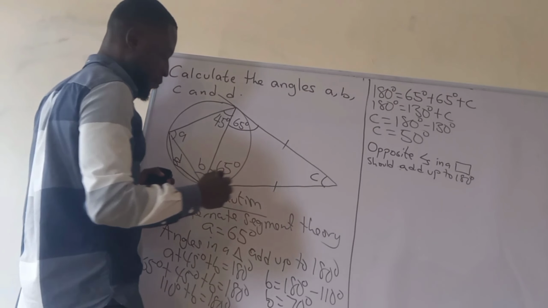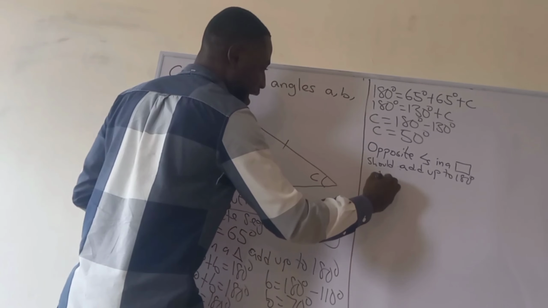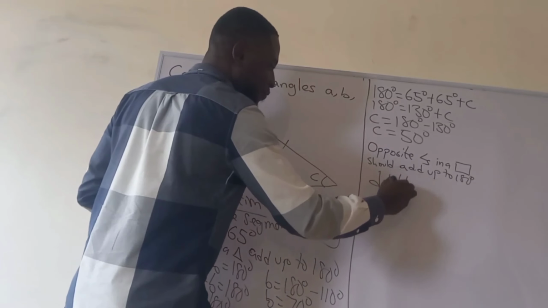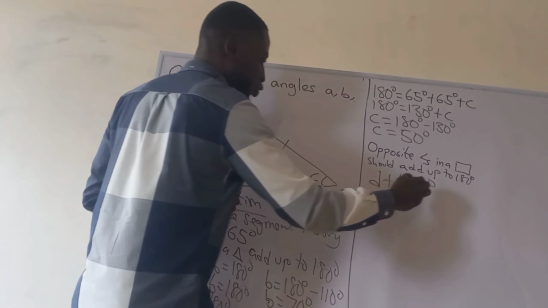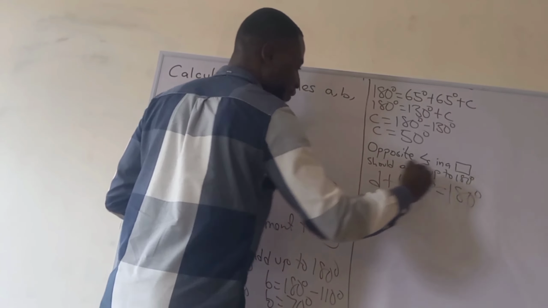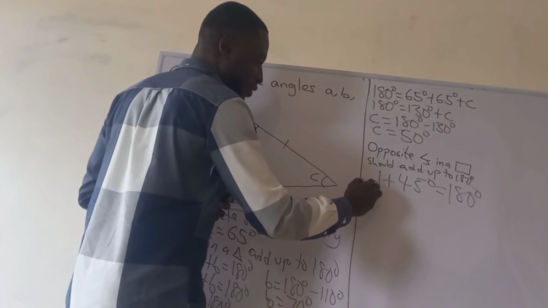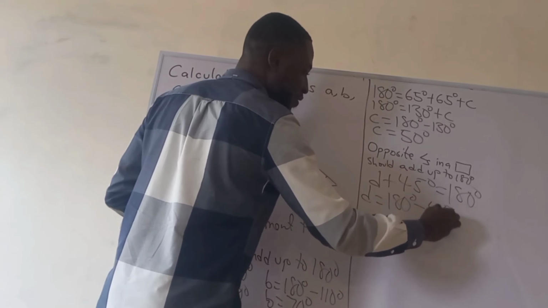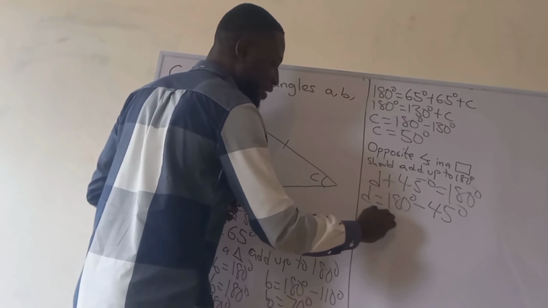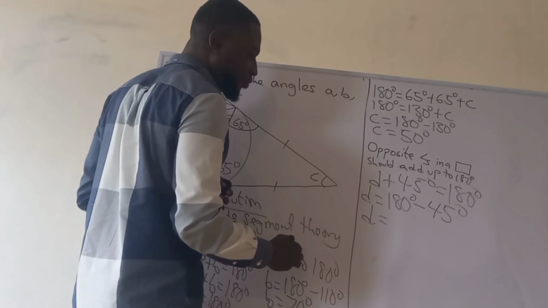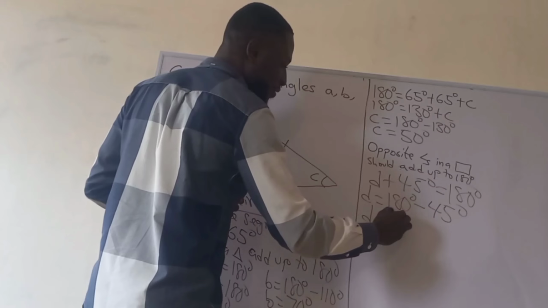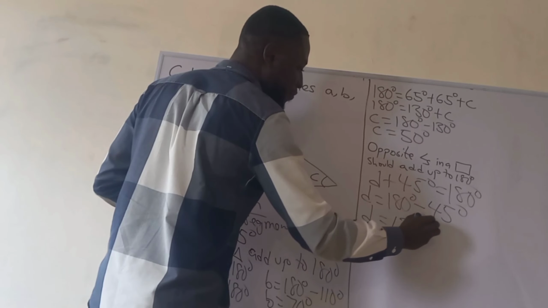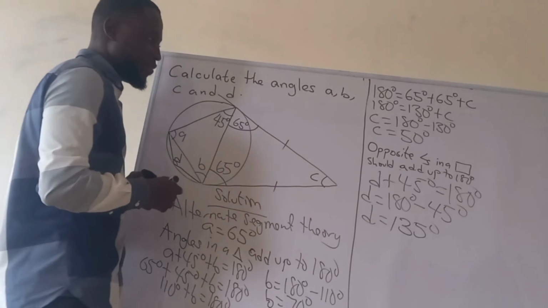So therefore, D plus 45 degrees should be equal to 180 degrees. So D is equal to 180 degrees minus 45 degrees. So my D is therefore 135 degrees. Very easy.